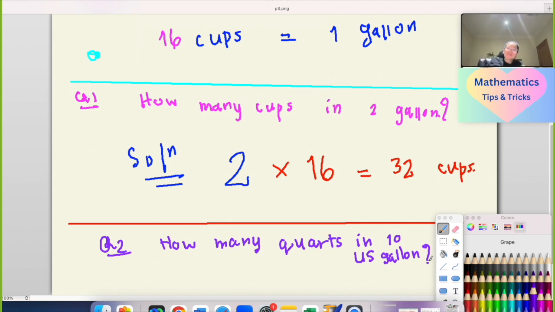So first you need to write down that 4 quarts equal 1 gallon, yeah?